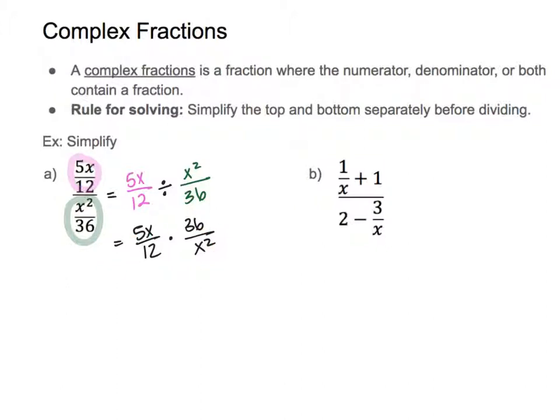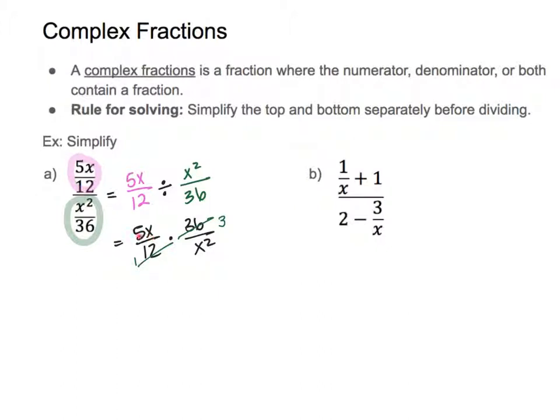But before I do that, let's be strategic and cancel out any like factors. What I spot is that the 12 and the 36, diagonally, have common factors. 12 can divide into 12 one time, but 12 can also divide into 36 three times.